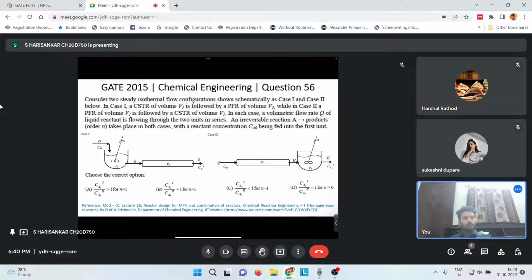In each case, a volumetric flow rate of liquid reactant is flowing through the two units in series. An irreversible reaction A gives product, of order n, takes place in both cases with a reactant concentration Ca0 being fed into the first unit. So these are the two cases given. We have to choose the correct option.